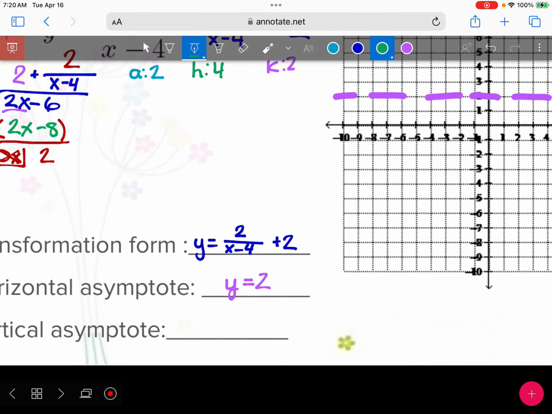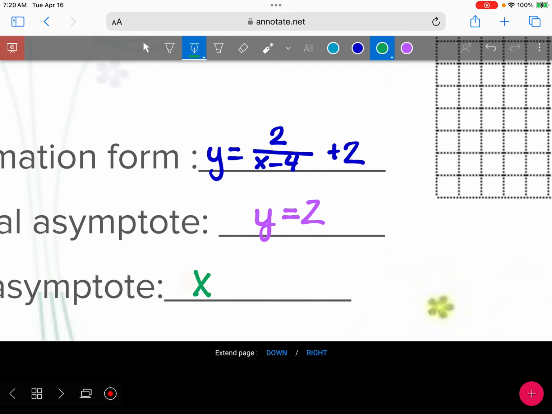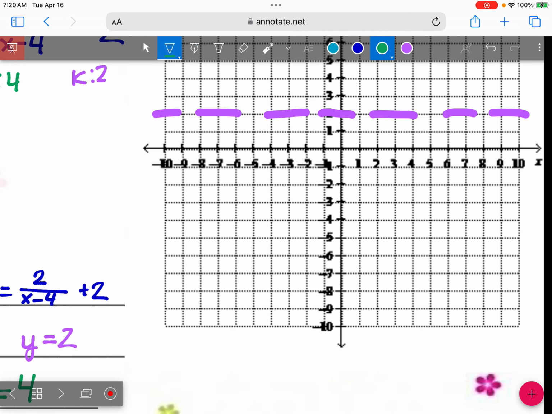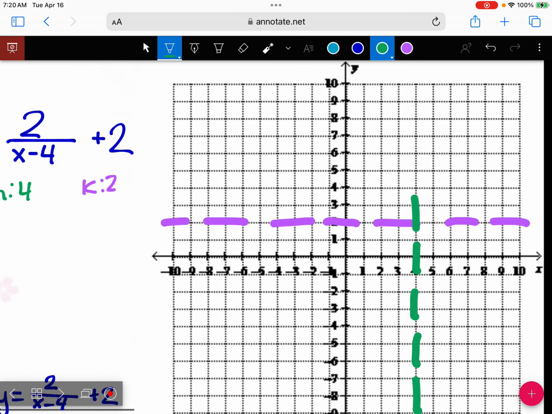Our vertical asymptote, that's our x equals h. So in this case, it's x equals 4. And that gives us this asymptote here.